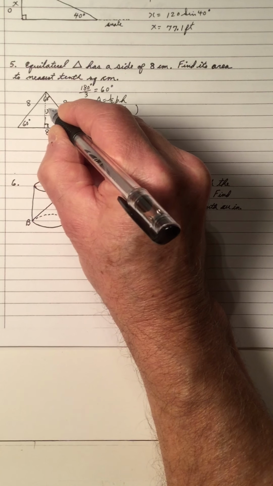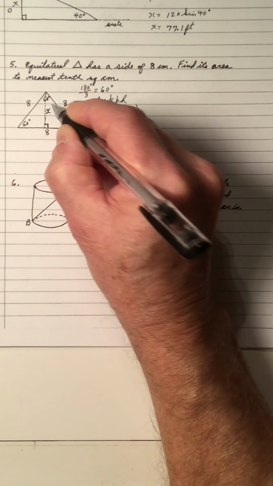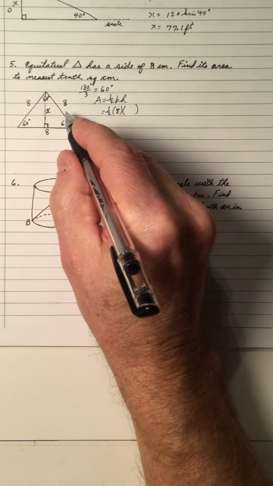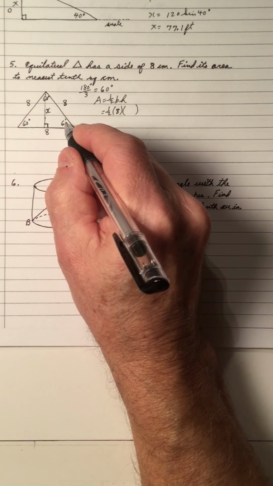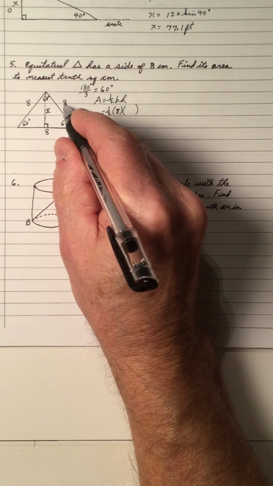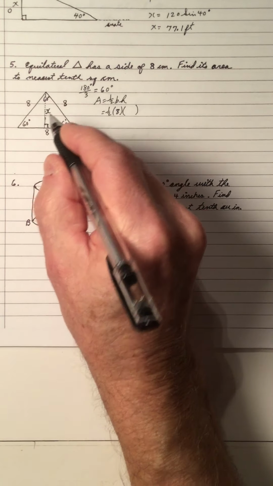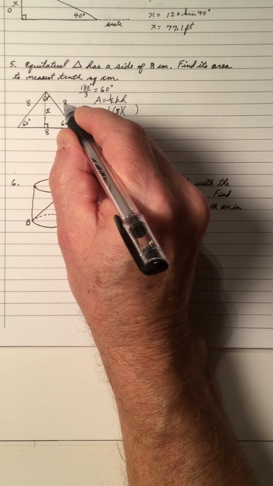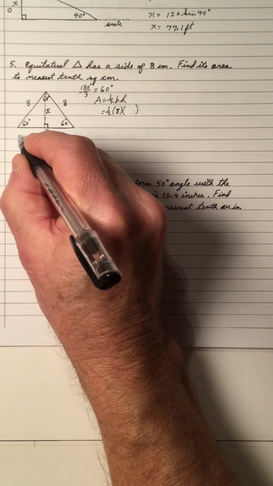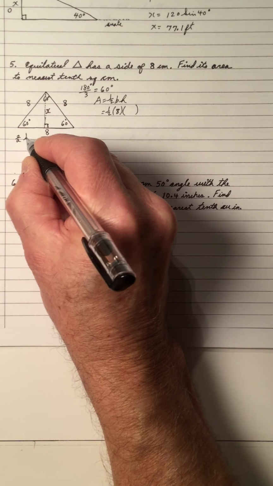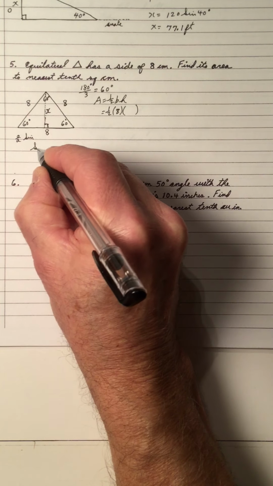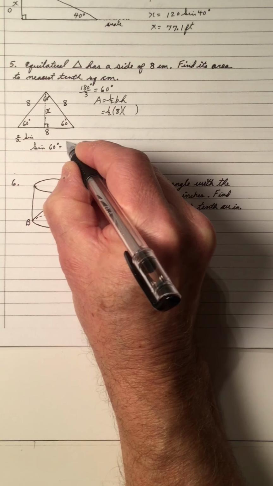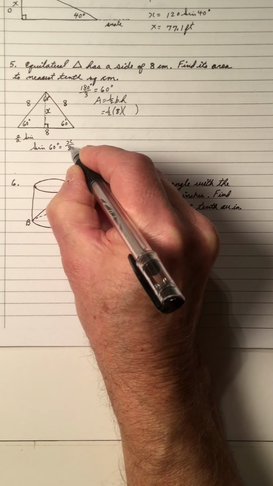I'm going to mark it X. So the height of this triangle is X. That means I can use my trig to get this height because I have a 60-degree angle with this side here. So in this triangle, that's opposite and that's hypotenuse. So opposite hypotenuse is sine. So the sine of 60 degrees is opposite x over 8.